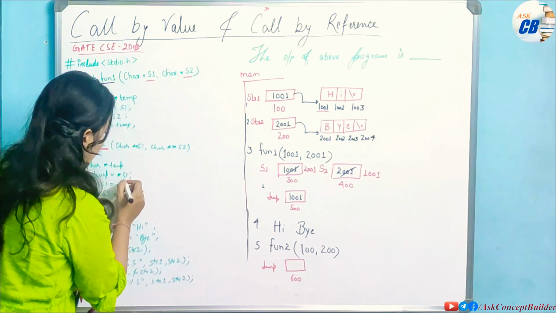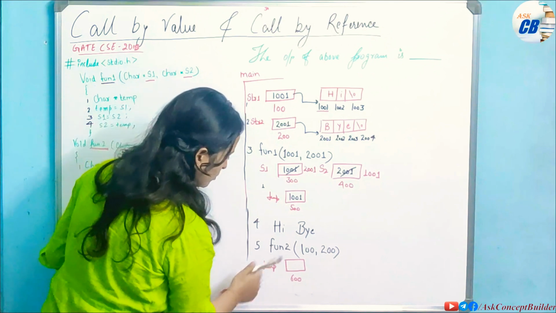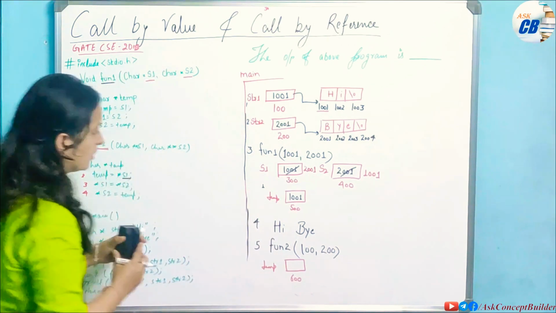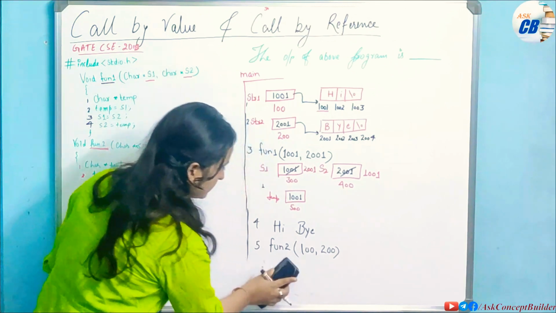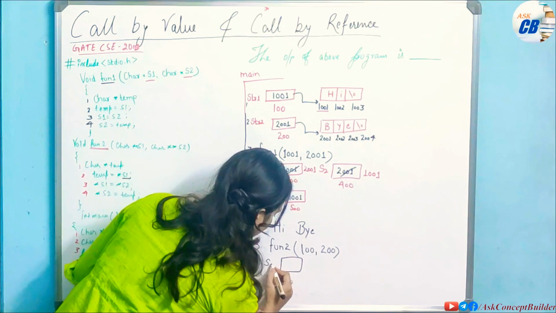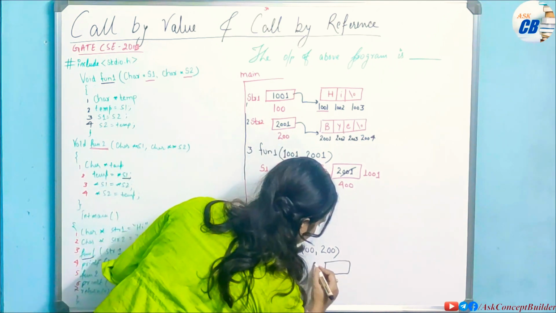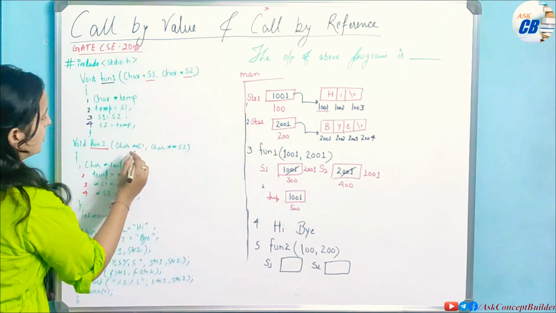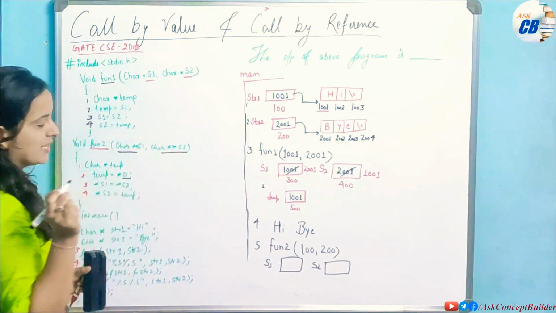Now what is your s1 first? Here we have to give the s1 and s2 values. First of all, these values have come to your s1 and s2 variables, because the addresses 100 and 200 were passed to fun2 and received by s1 and s2.